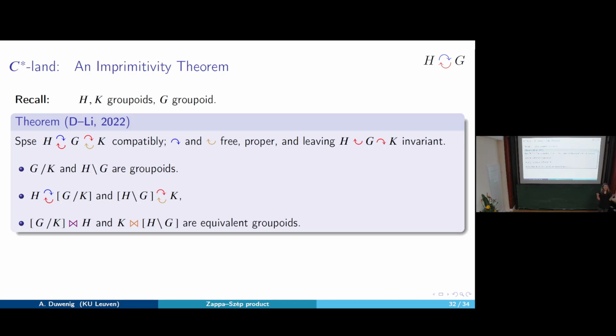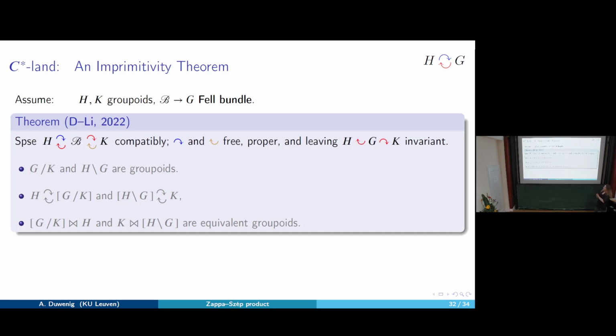Now you can guess what happens next. I'm going to bootstrap this to the case of Fell bundles. So suppose you are given two groupoids H and K, and you're given a Fell bundle over another groupoid G. And suppose we are in a setting where I can make sense of my Fell bundles of a Zappa-Szép product. Meaning I have actions of H on B and of K on B, which are compatible in a nice sense, and the backwards actions of the groupoid that B lives over.